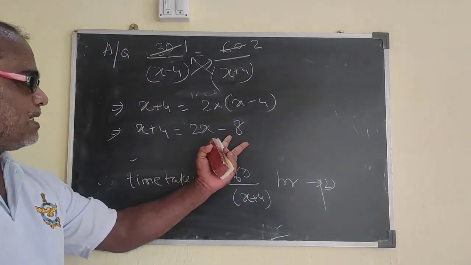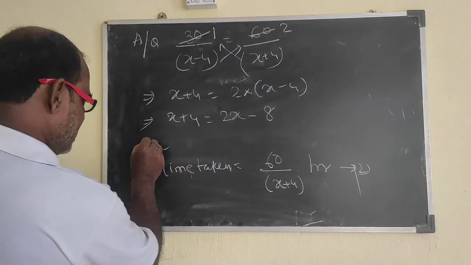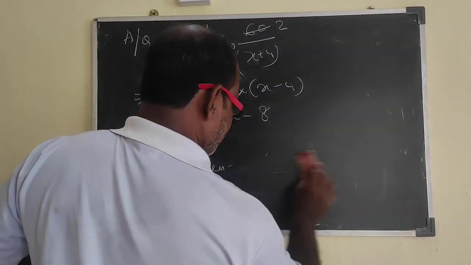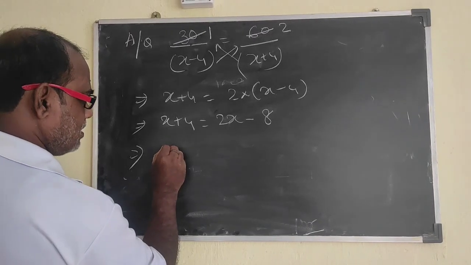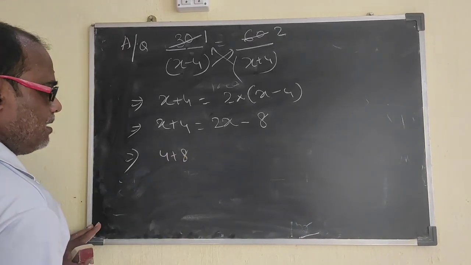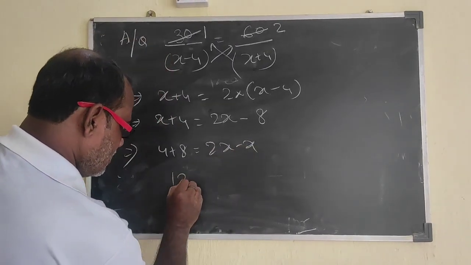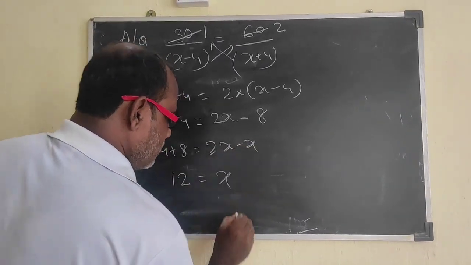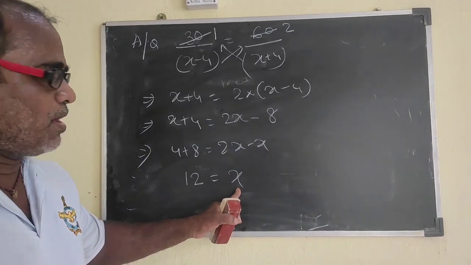Now bring this minus 8 towards this side and bring this x towards this side. We get 4 plus 8 equals 2x minus x. 12 is equal to x. What is x? x is the speed of the boat in still water.